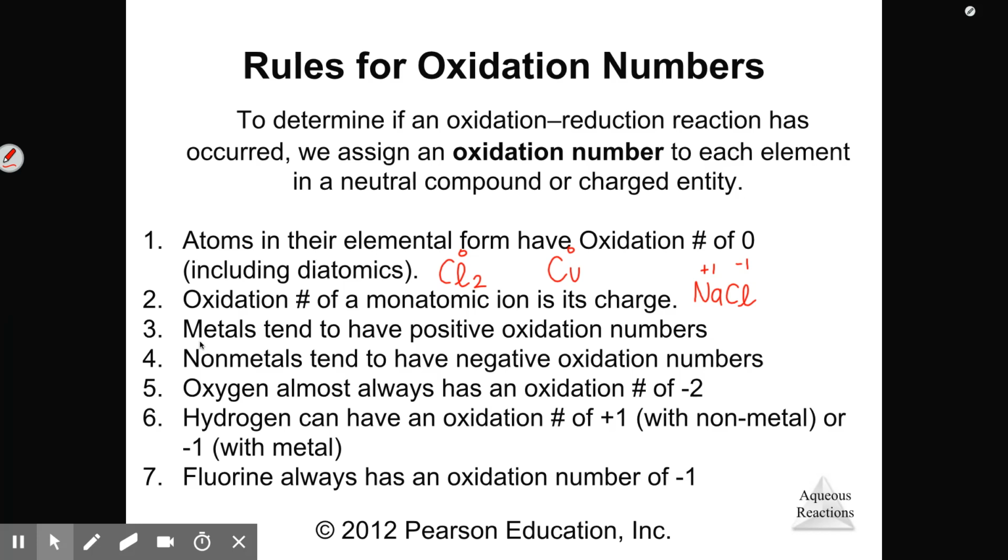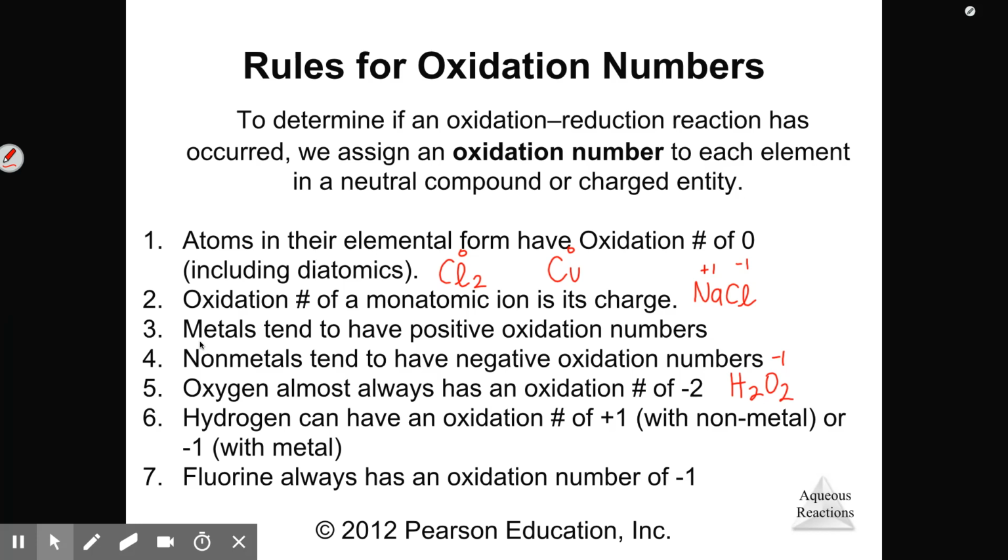The fifth rule is that oxygen almost always has an oxidation number of -2. Really, the only exception to this that we're going to see is in hydrogen peroxide, H2O2. Here, each oxygen has a -1 value. Almost every other situation, though, oxygen is going to have a -2.